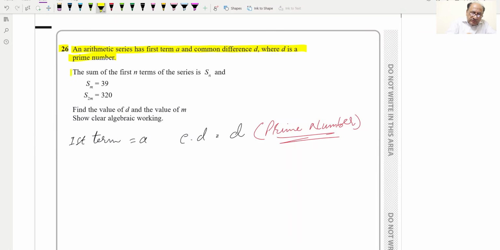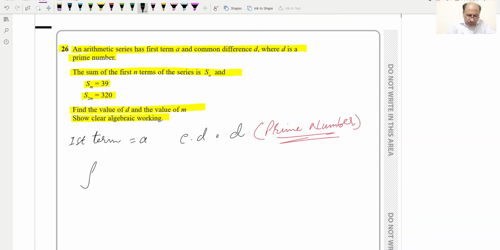Now the sum of the first n terms of the series is Sn, and Sm is equal to 39 and S2m is equal to 320. Find the value of d and the value of m, show clear algebraic working also. So we can write Sm, we know Sm is what?